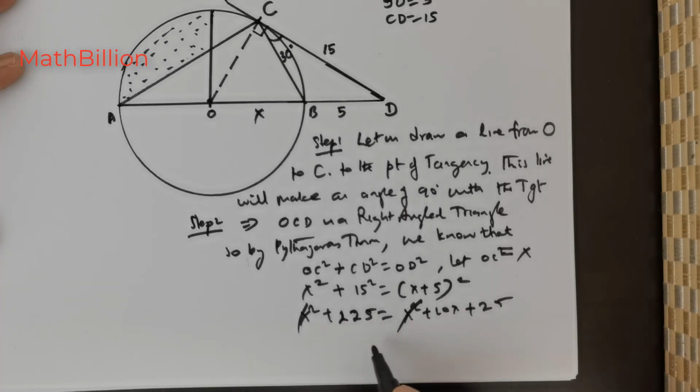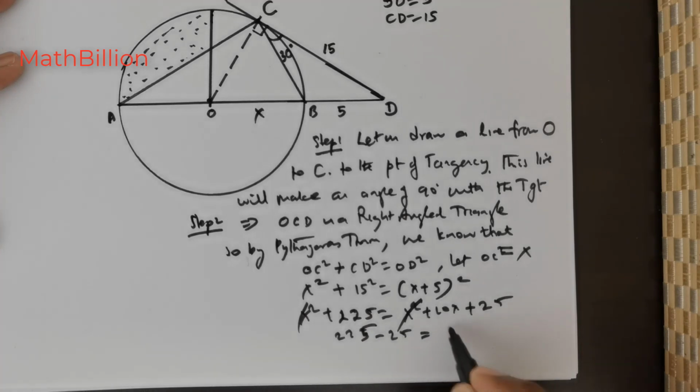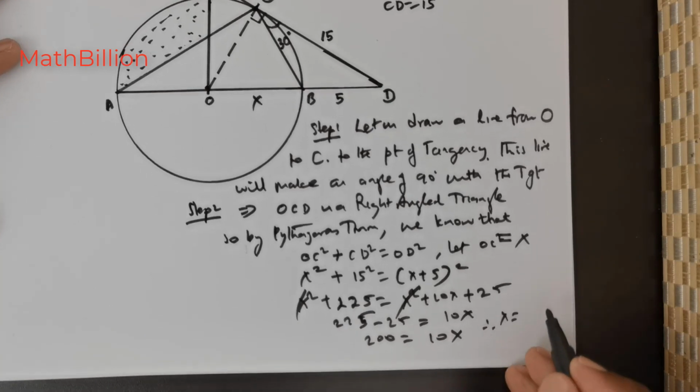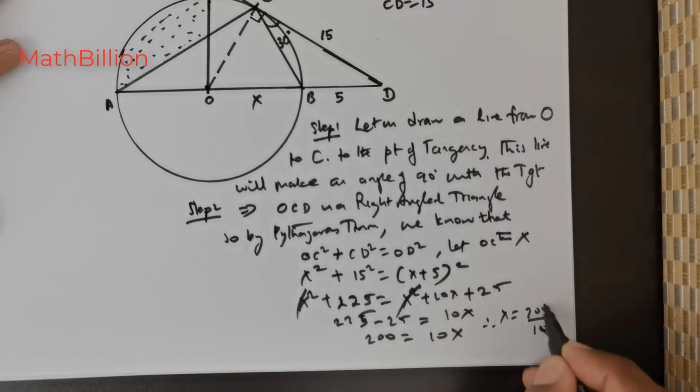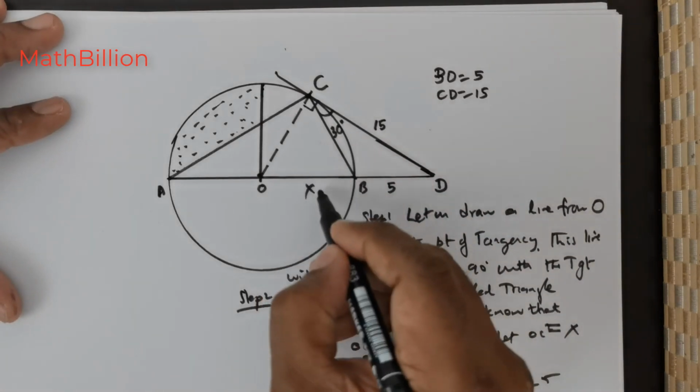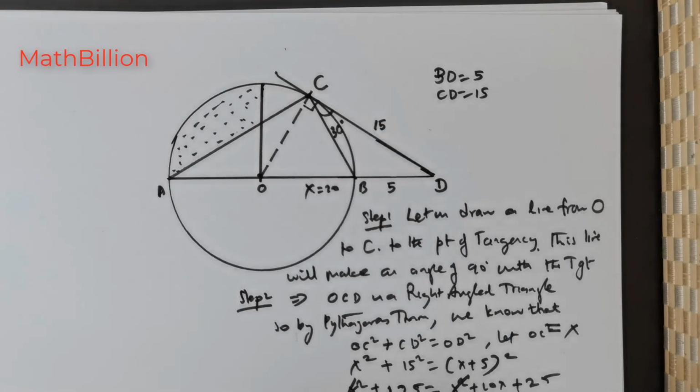X squared gets cancelled. I'm moving 25 to this side, so 225 minus 25 is equal to 10x. So 200 is equal to 10x, therefore x is equal to 200 divided by 10, so x is equal to 20. So radius is 20, x is equal to 20.